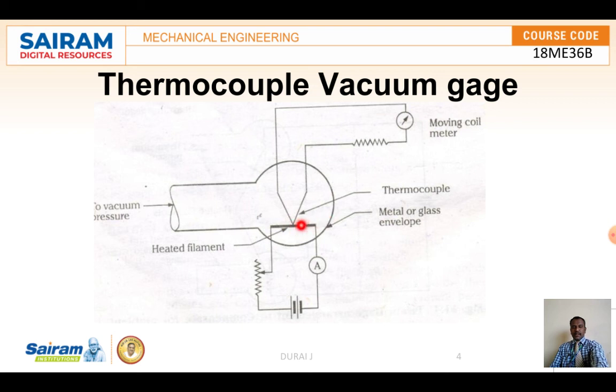Due to that, we increase the current supply with the help of a rheostat, and it can be recorded with the ammeter. From that we find out the vacuum pressure inside this glass tube. So this is about the thermocouple vacuum gauge.